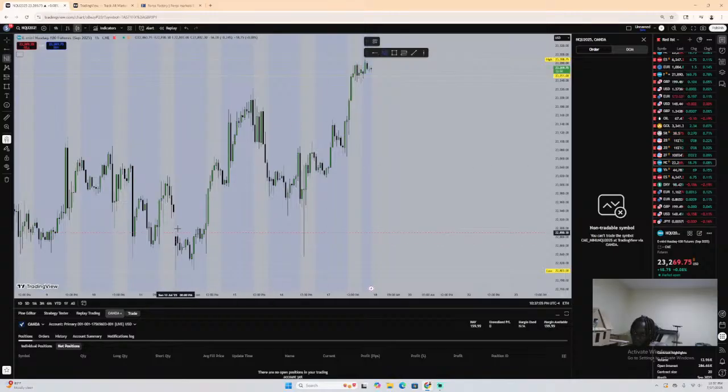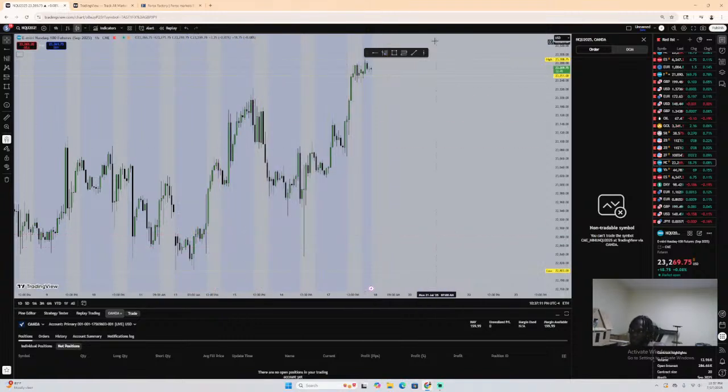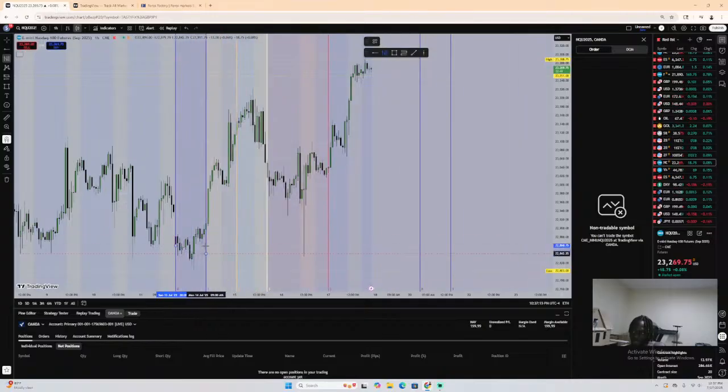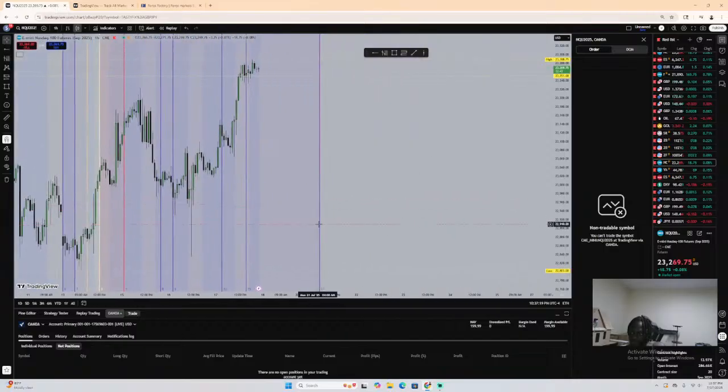So this week opened up here. We're going to 12 a.m. See, even this is experimentation. Let's say I were to do the whole weekly range, started from Sunday up until Friday, right there.